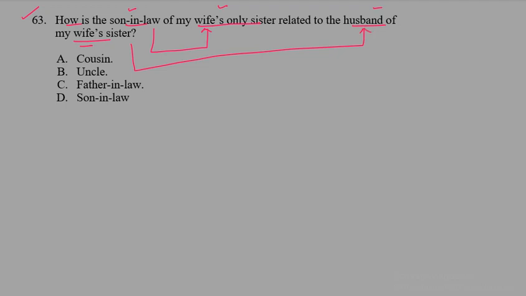Basically the relation will be the same, because here we are considering my wife's only sister, and here the husband of my wife's sister. Since this is the only sister, we have a single husband, which means her husband is the same person as the husband of this sister. So the son-in-law of that lady will be the son-in-law of the husband of my wife's only sister also. So the answer will be son-in-law, which is option D.